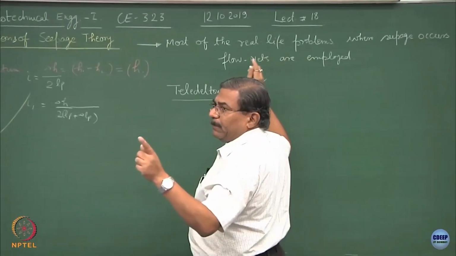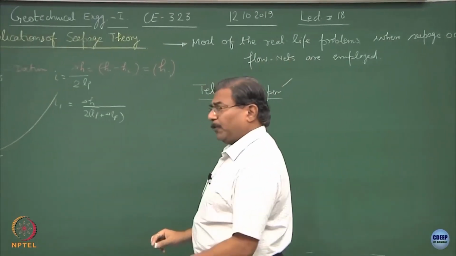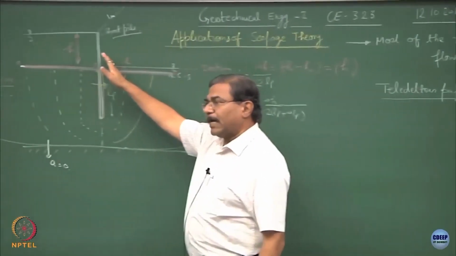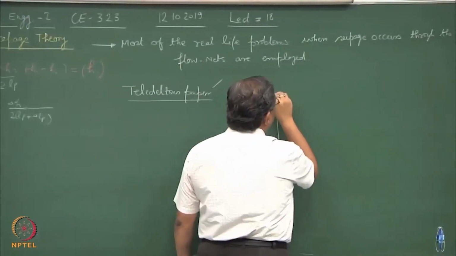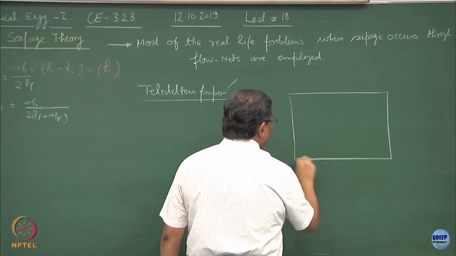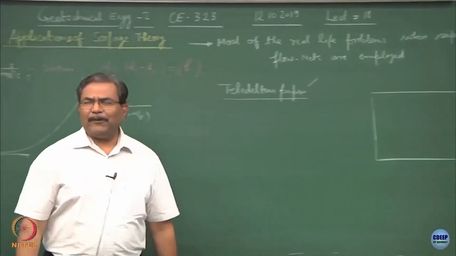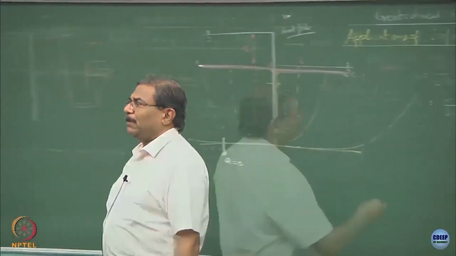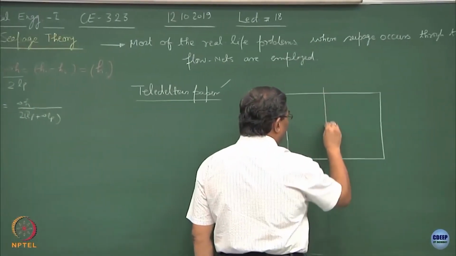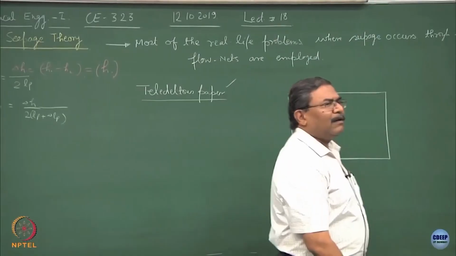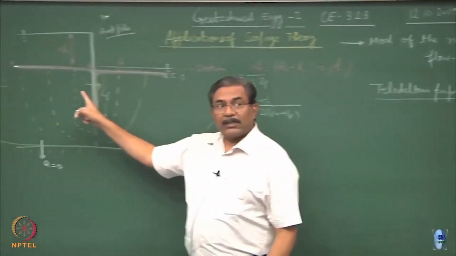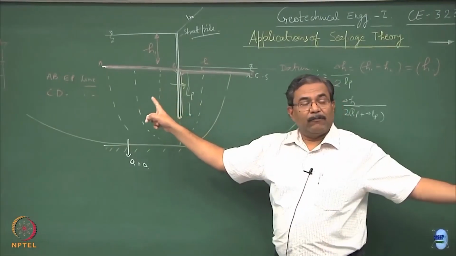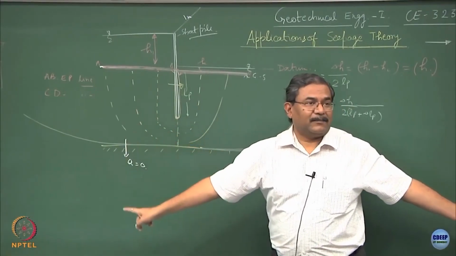This is a conducting paper. What I have to do is take a real life problem like this, scale it down, and plot it on a piece of paper which is teledeltas paper. Is there a way to create a sheet pile on this paper? So you cut the paper here, and by cutting there is no conduction, the same thing as this, clear. So the seepage has become equivalent to flow of current.